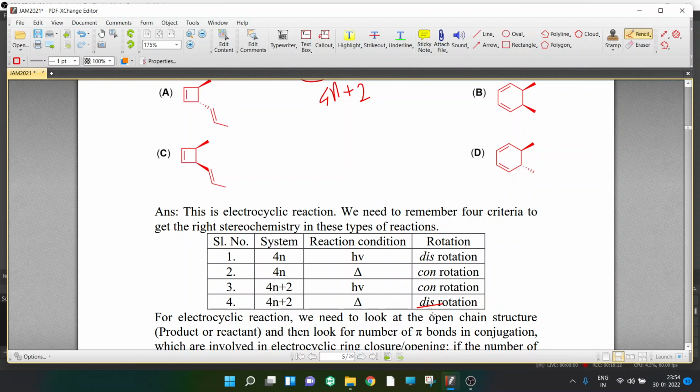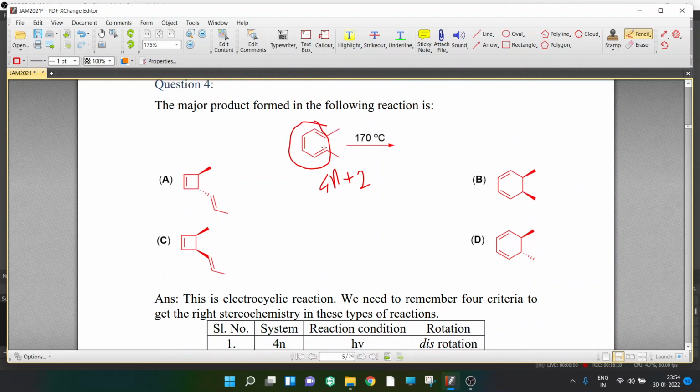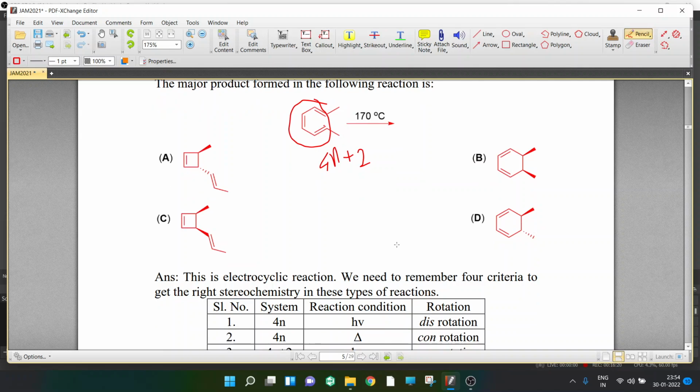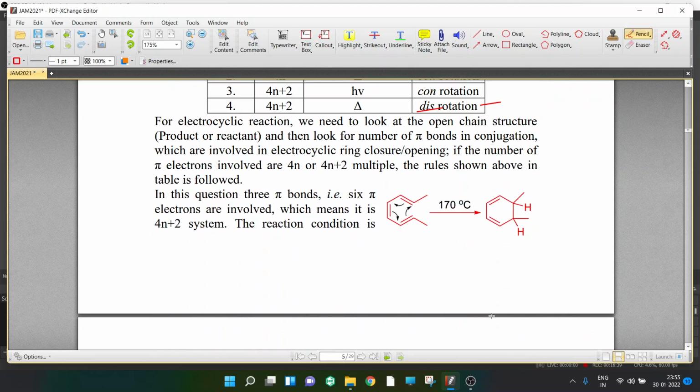Now what is disrotation? See, in conrotation, the two p orbitals which are interacting to form the bond both move in one direction. That means both the p orbitals will move either in clockwise direction, or both of them will move in anti-clockwise direction. Whereas in disrotation, one of the p orbitals will move clockwise, the other will move anti-clockwise. So let us look here.